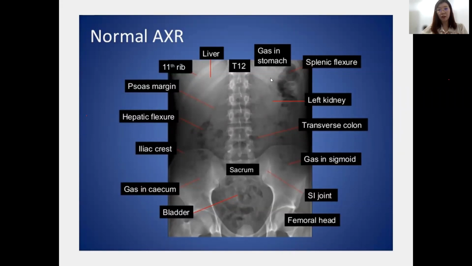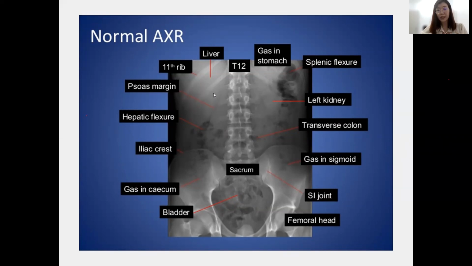After looking at the bowel shadow and the gas pattern, next, find any extraluminal air. The air will appear as lucency, blackish on X-ray, and then you have to find if there's any abnormal air outside the bowel lumen, okay?